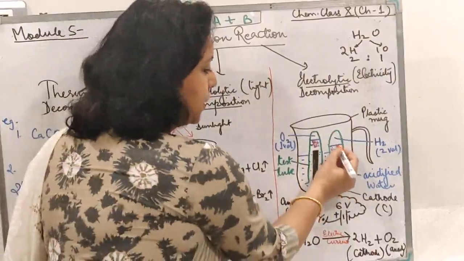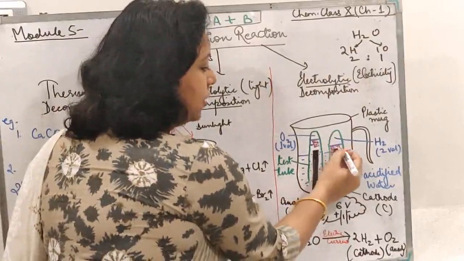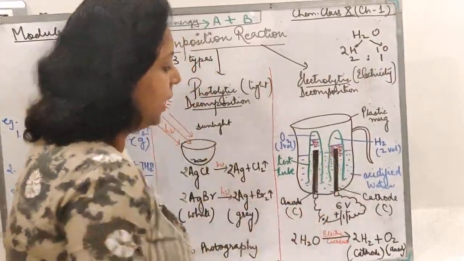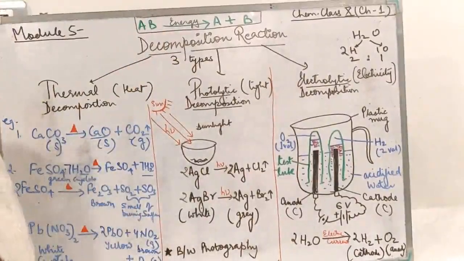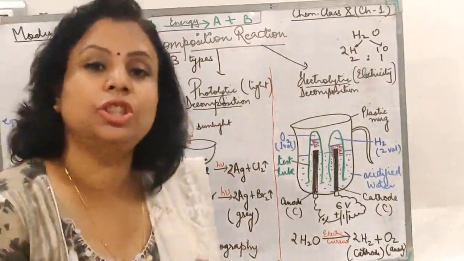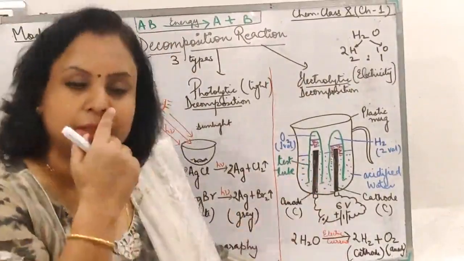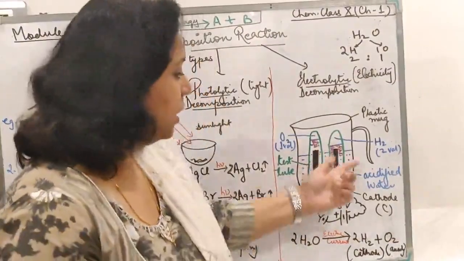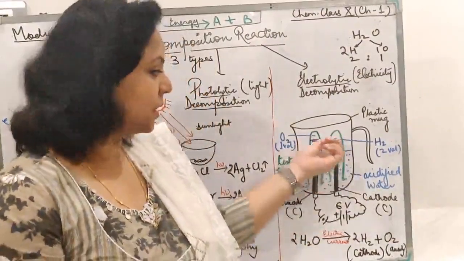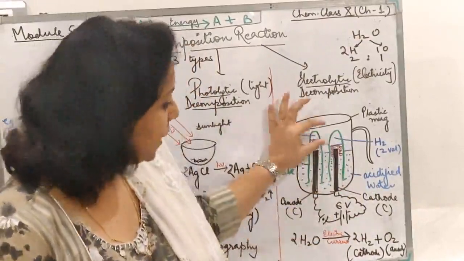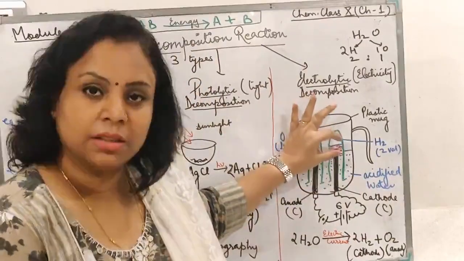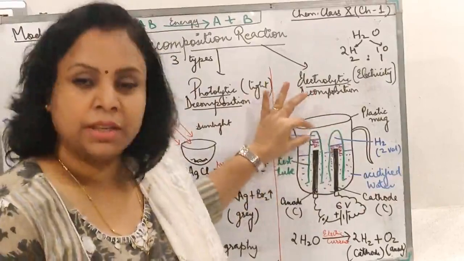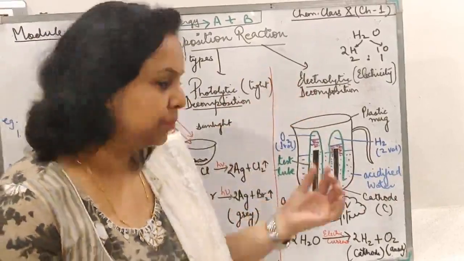We observe that the bubbles on the cathode side are much more than the bubbles on the anode side. In fact, for the gas that is collected over here, you can see I have left a gap, and over here the gap is much less.